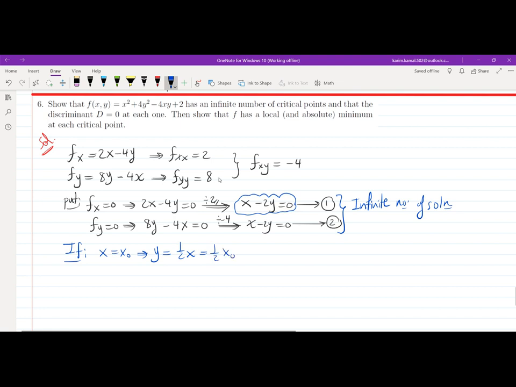Then all critical points are in the form x naught, which is the x value, and half x naught, which is the y value, which are, like we did before, an infinite number of points.